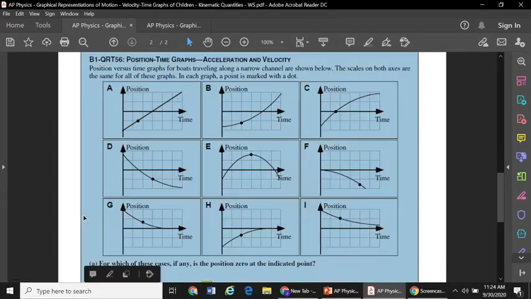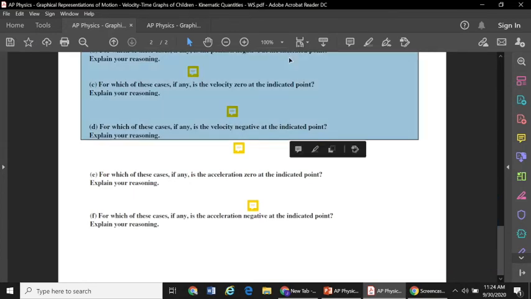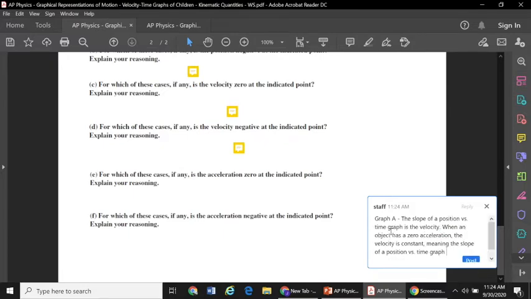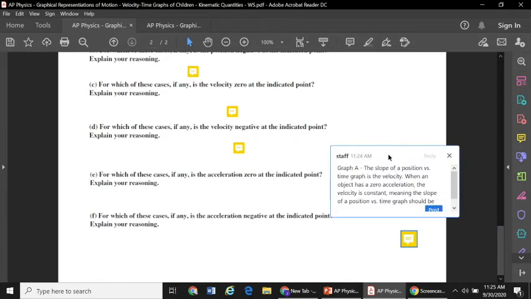So that's it. We can say here for this one, graph A, the slope of a position versus time graph is the velocity. When an object has a 0 acceleration, the velocity is constant, meaning the slope of a position versus time graph should be constant, and that means the line is straight.